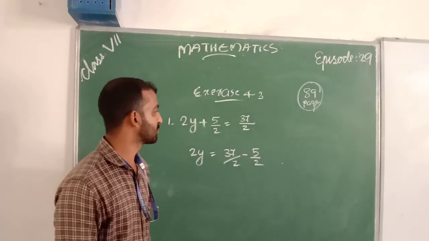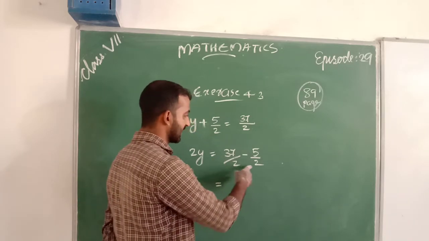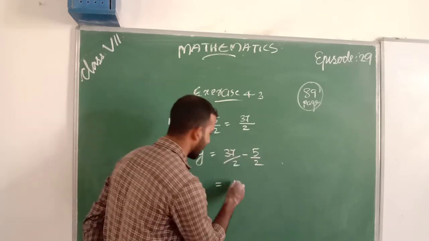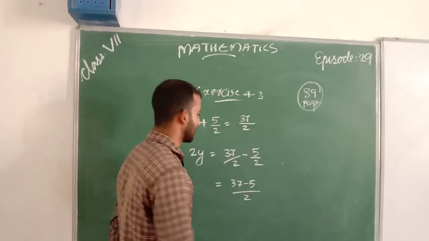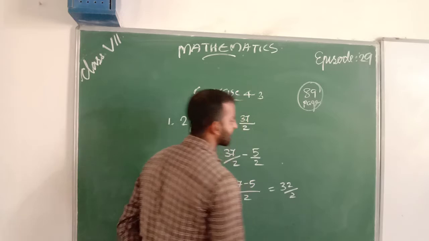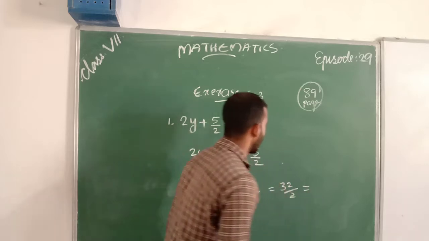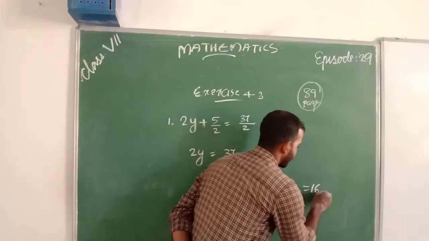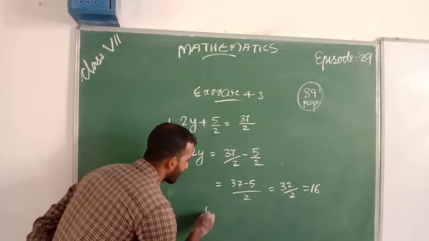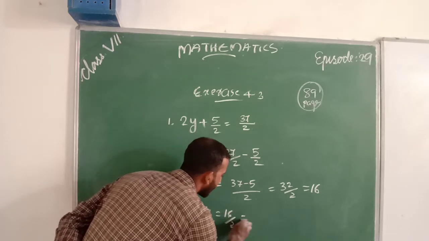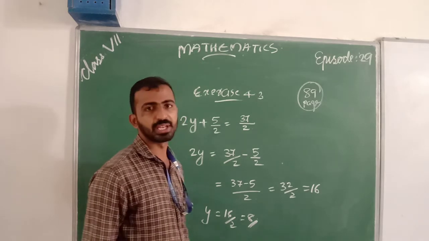As the denominators are the same, we can write 37 minus 5 all divided by 2, that is 32 by 2. We get 16. That is, 2y equal to 16, y equal to 16 by 2, equal to 8.